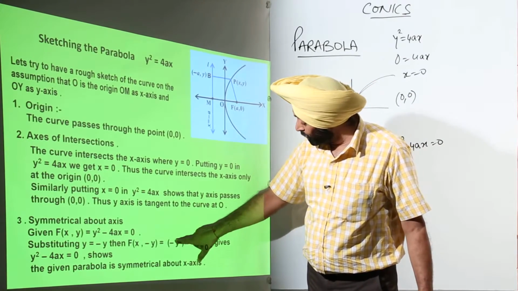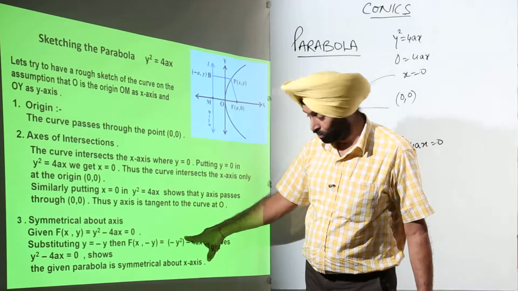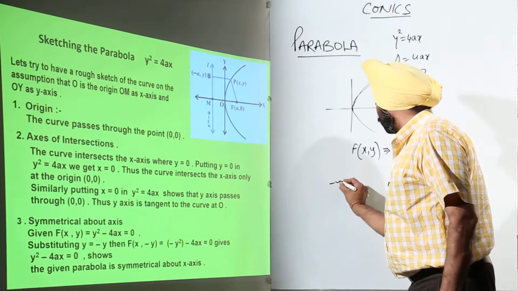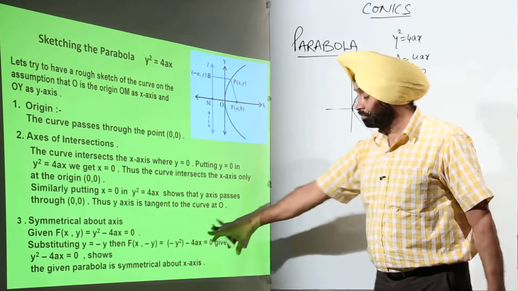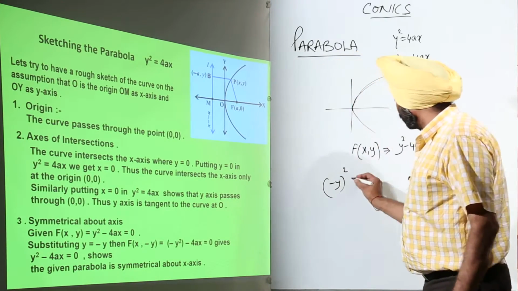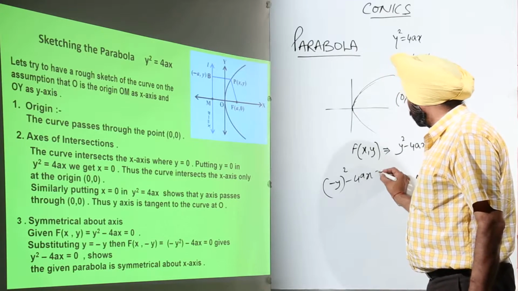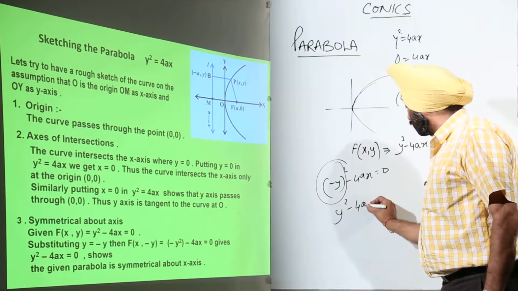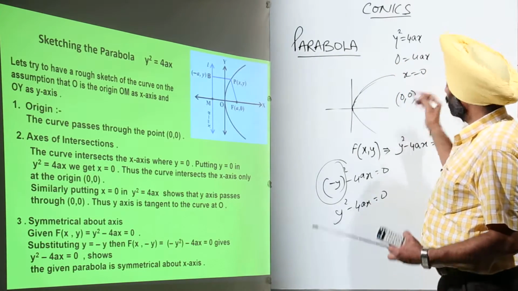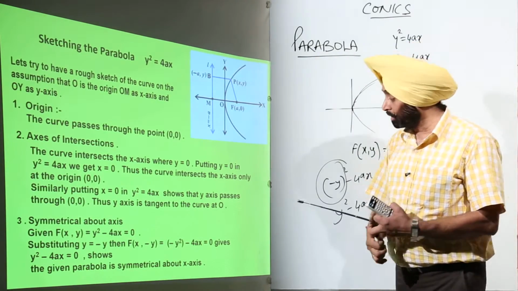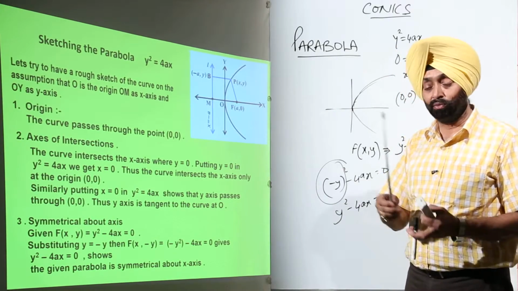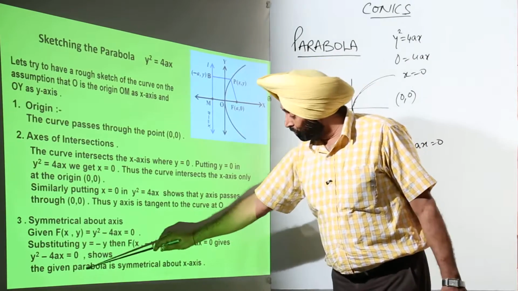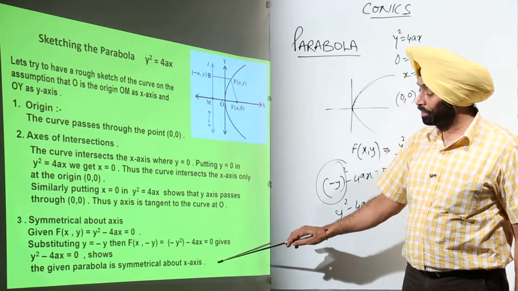So this was wrong, and it will be written as negative of y whole square, like this. I am sorry, this is my mistake. Now minus 4ax is equal to 0, and again this whole term becomes y square minus 4ax is equal to 0. So it means we have not changed it. Putting y as negative of y does not affect the equation. So the given parabola is symmetrical about the x-axis.